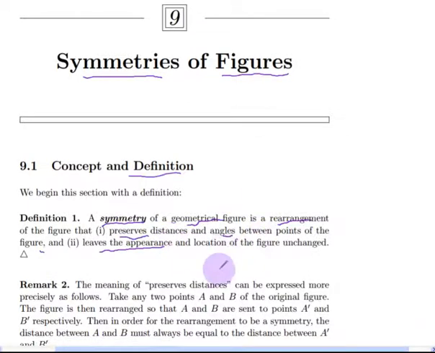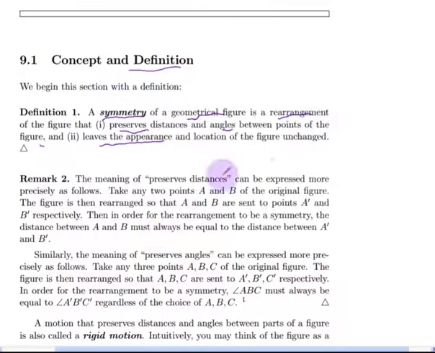Okay, let's do a simple example here according to this remark. Suppose I take 2 points A and B. All right, so here we have a segment. I can consider this segment as a geometrical figure. Now suppose I pick up this segment and I flip it around 180 degrees, and then it will look like this.